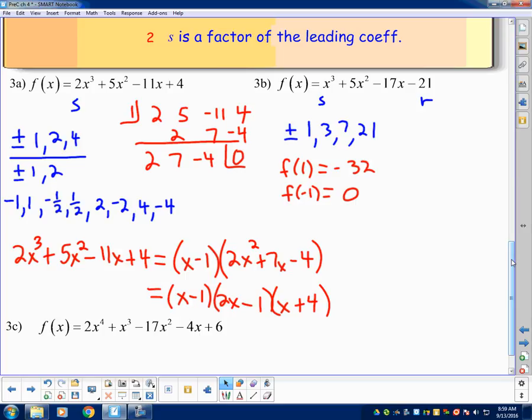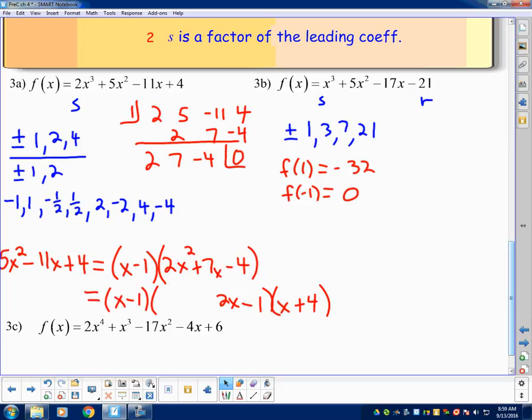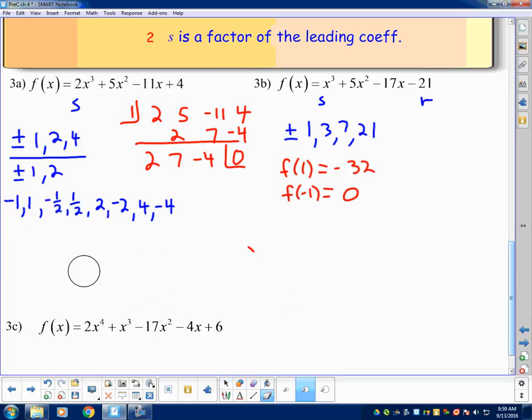F of negative 1 equals 0. Move all this over. It means x plus 1 is what? Now let's just erase this for now. Okay, so there's the last problem. We'll get rid of that guy. All right, so good. We tested it.